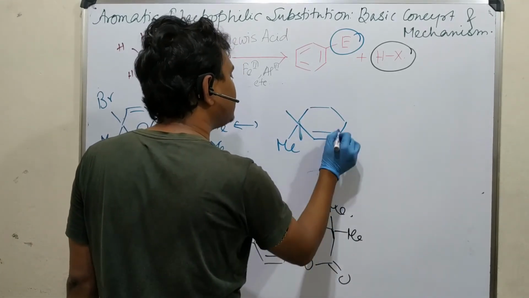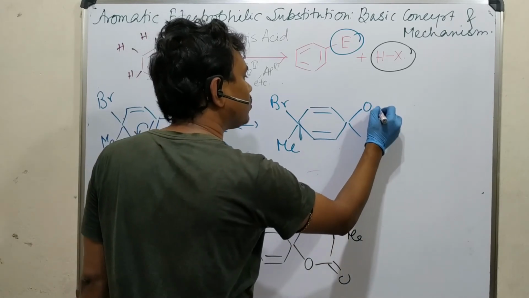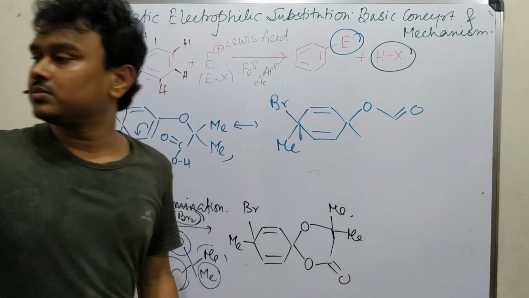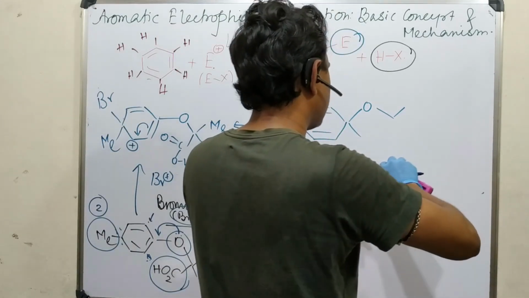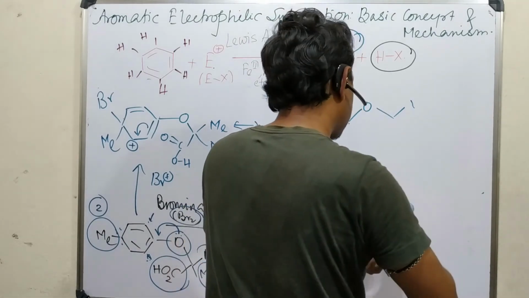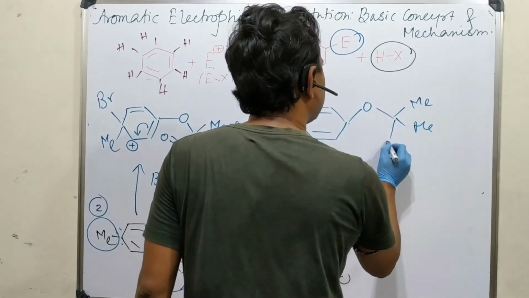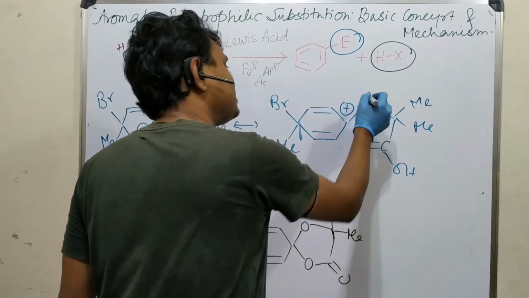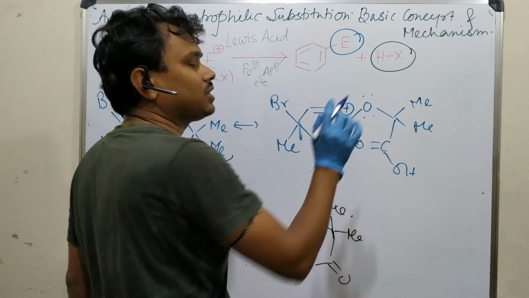This is methyl, this is bromo, this is O, C, sorry, this is methyl. This is methyl, OH. Okay, now the positive charge is here. This is stabilized. This can further resonate or it can stabilize with the lone pair of oxygen.